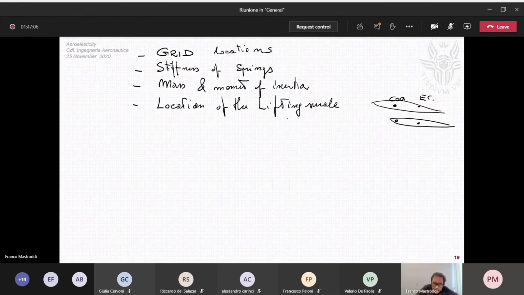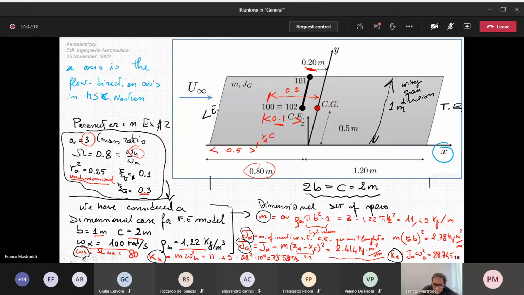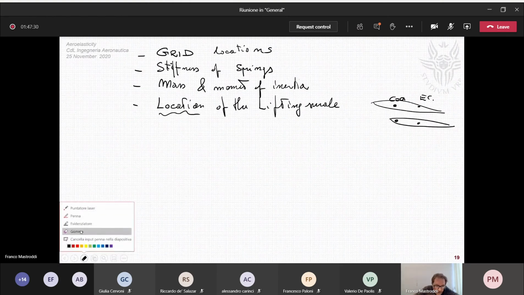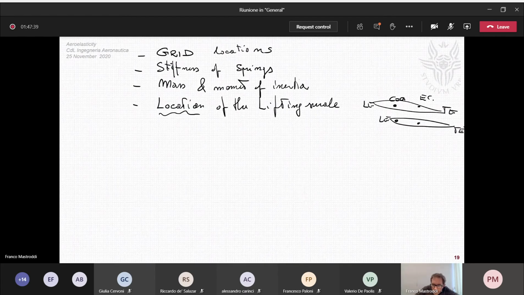So we have to define the position of the lifting surface, leading edge and trailing edge, with respect to the structural position of the other characteristic points. So we have to decide this position.